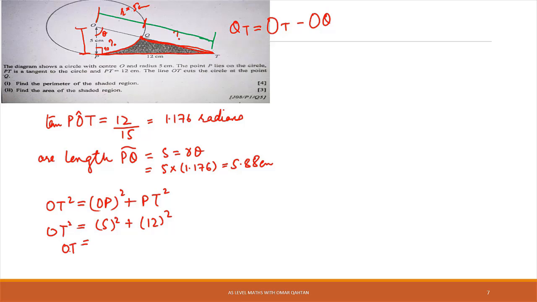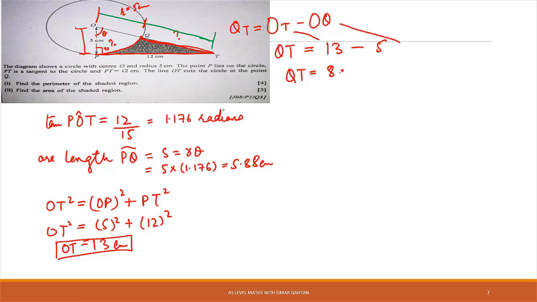So OT will be equal to 13 centimeter. Now I will substitute the value of OT in this equation and find the value of QT out of it. So QT is equal to OT, which is 13, minus this OQ, which is 5 centimeter. So QT will be 8 centimeter.